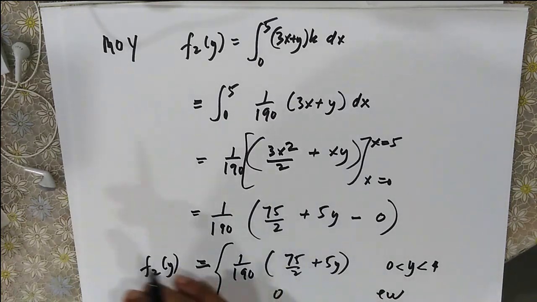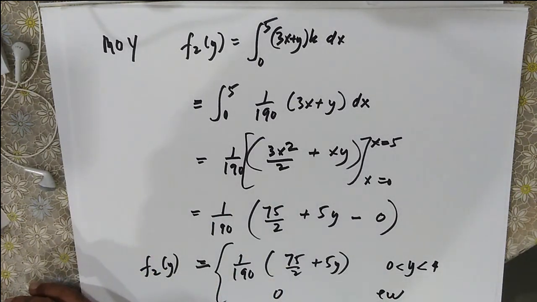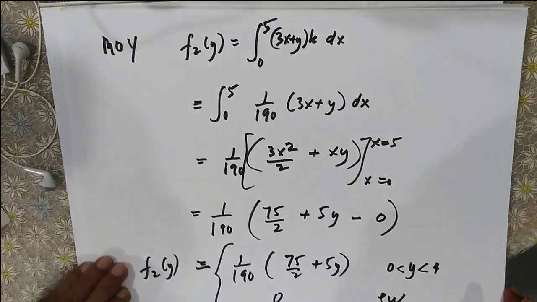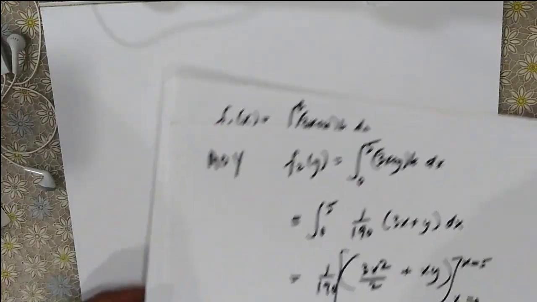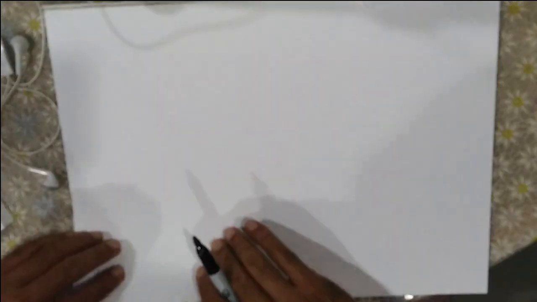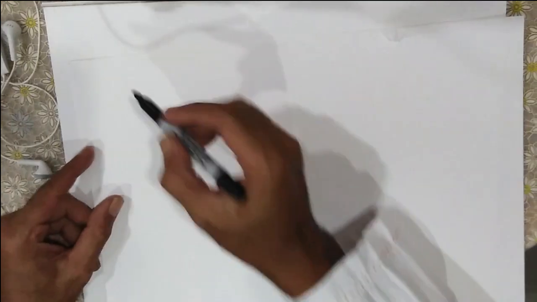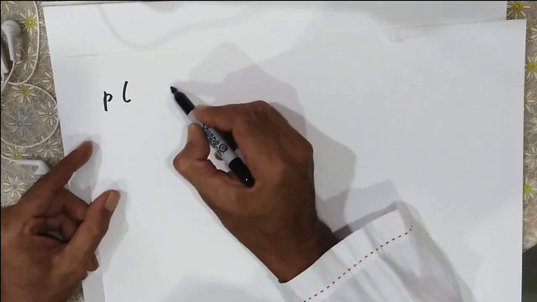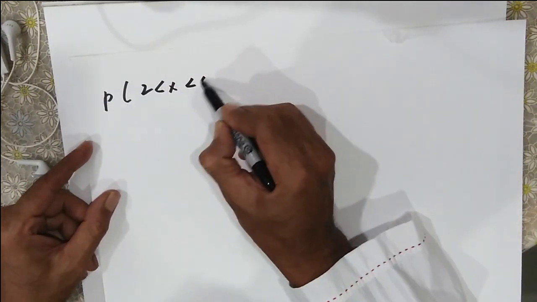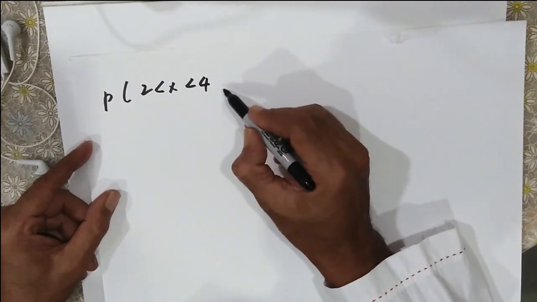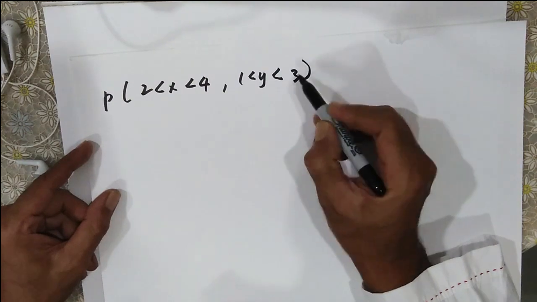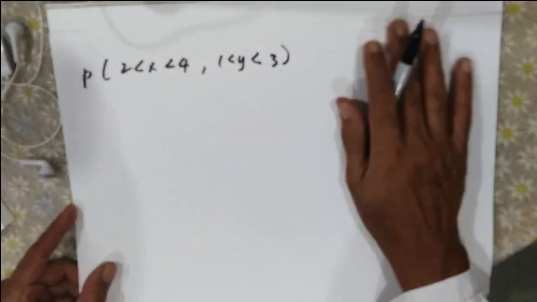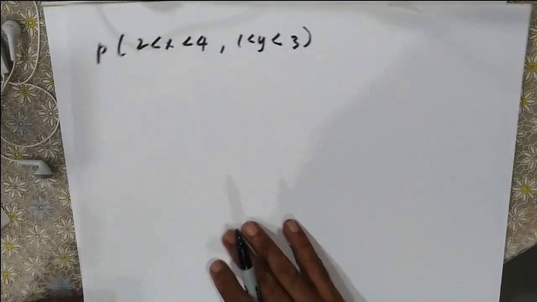Okay, the last part here, I want to find the probability of x between 2 and 4 and y between 1 and 3. This is quite a simple way to find it. You just do a double integration.